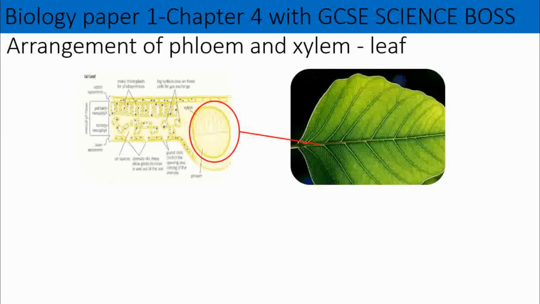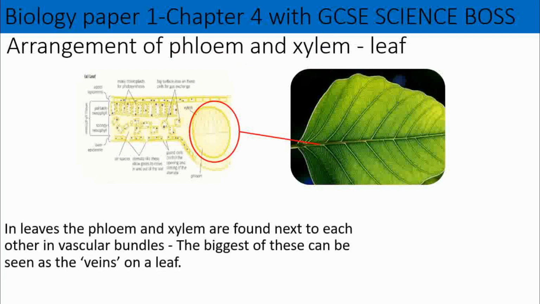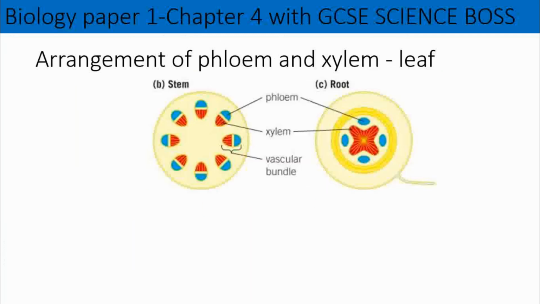All right, now when you think about the leaf, all right, you can see the veins here in the leaf. Okay, that is really the xylem and the phloem vessel. Okay, so it is the xylem and phloem together which makes up something called the vascular bundle. Okay, and the big ones, you see them as veins. So the vascular bundle is made up of the xylem and the phloem.